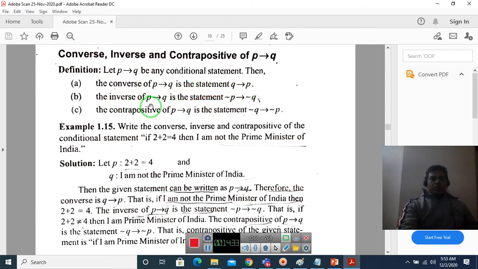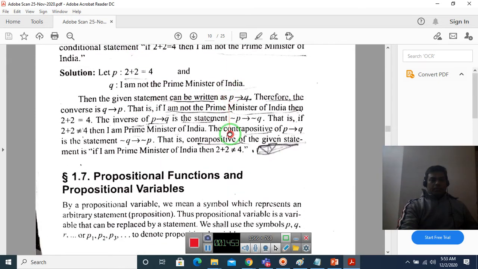The inverse of p conditional q is the statement negation of p conditional negation of q; we just apply the negation on both sides. If we apply both, changing the position and applying the negation, we find the contrapositive statement.